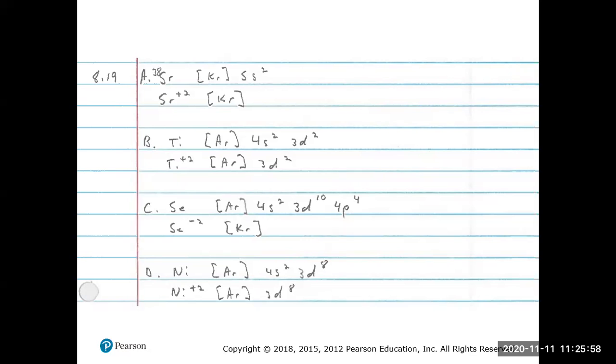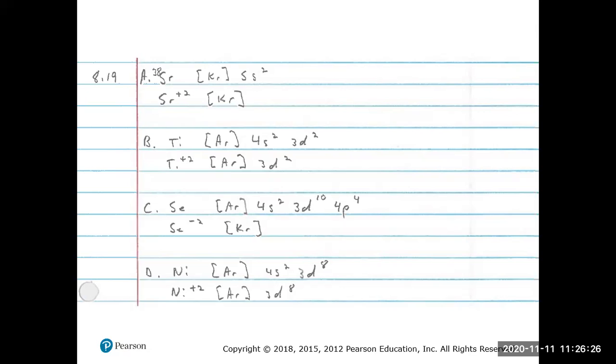By adding 2 electrons to that 4p orbital, instead of 4p4 we now have 4p6, which fills that orbital. And that 4s2, 3d10, 4p6 is equal to the next noble gas. So by adding those 2 electrons, we do attain a noble gas configuration.